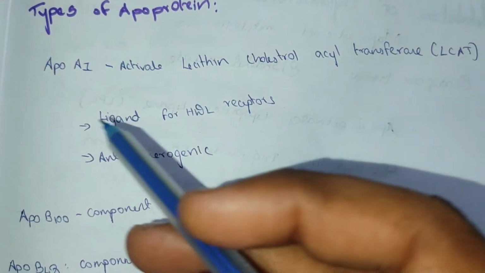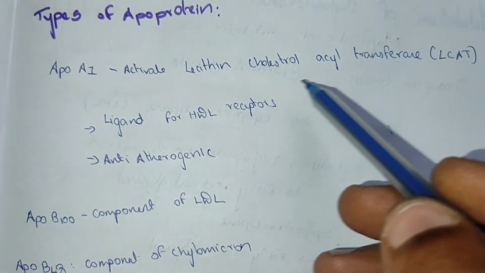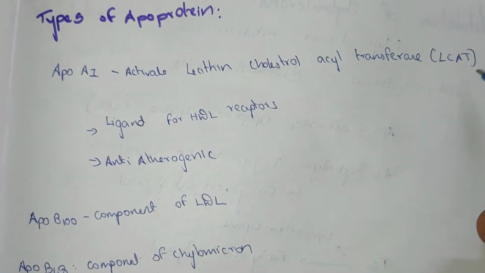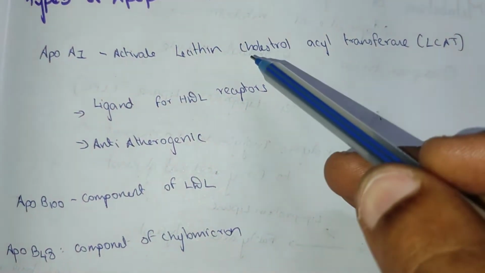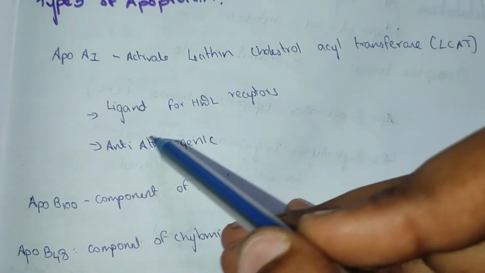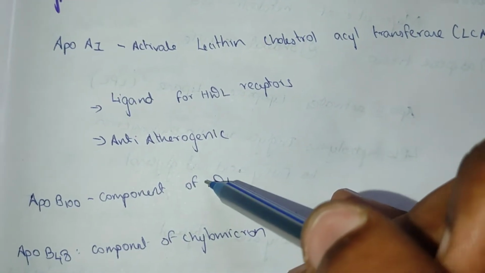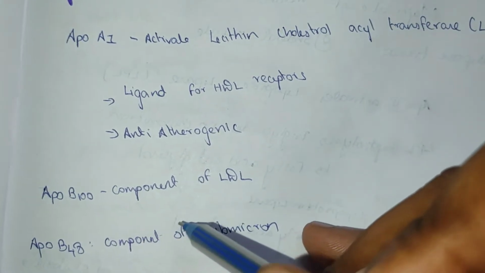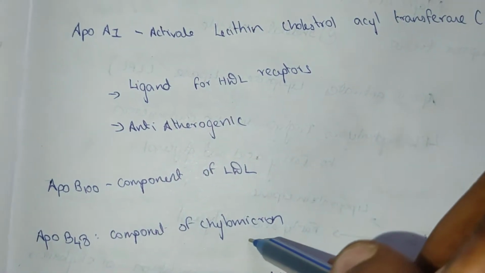Types of apoprotein. We will see now the types of the apoprotein. ApoA1 activates the lecithin cholesterol acyltransferase, LCAT, and is a ligand for HDL receptors. The ApoB100 is a component of LDL. The ApoB48 is a component of chylomicron.